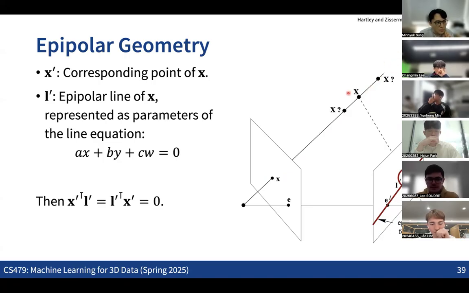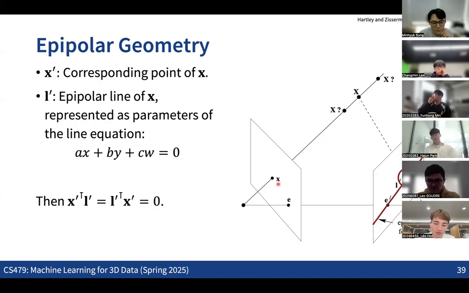Make sense? And when you also project this ray onto the second image, this line will be projected onto a line in the second image like this, right? That means any point over this line can be the corresponding point.